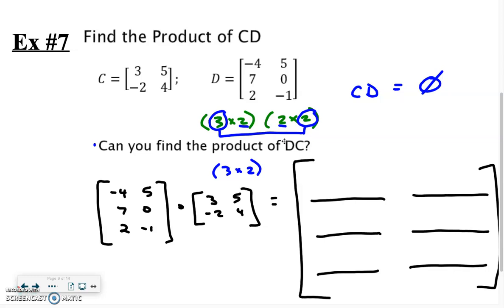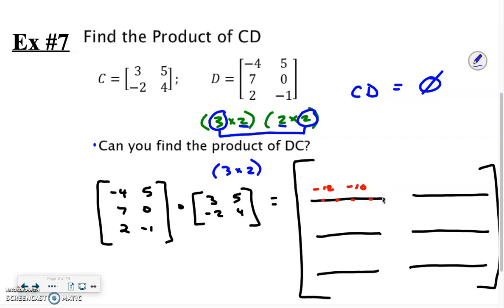So, all right, sorry, getting back to this one. If my target is row 1, column 1, that means quite literally we're going to multiply row 1 times column 1. So setting this up, row 1 times column 1, we're looking at -4 times 3 is -12, 5 times -2 is -10.